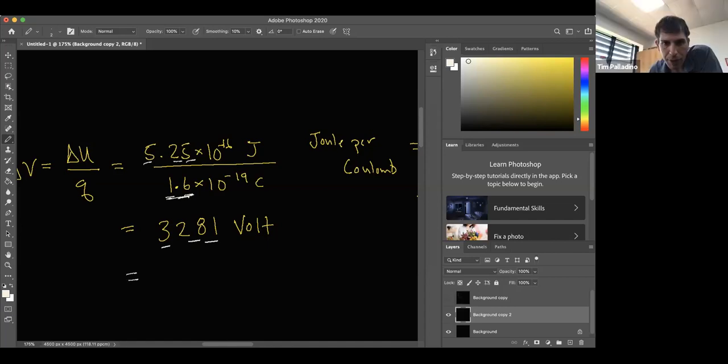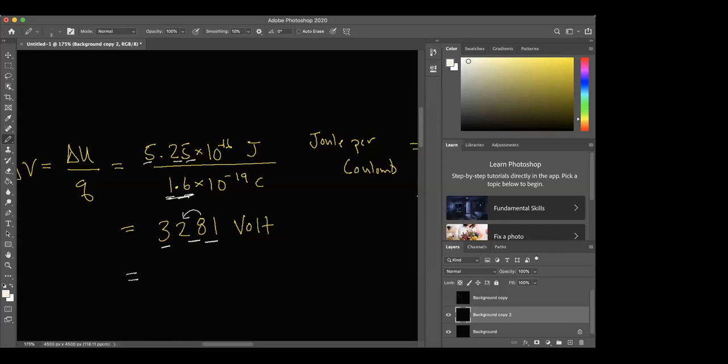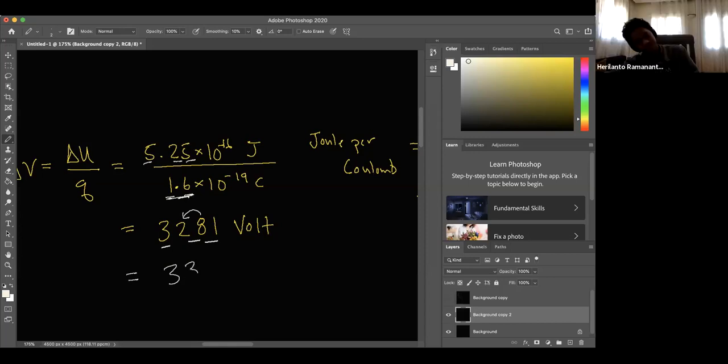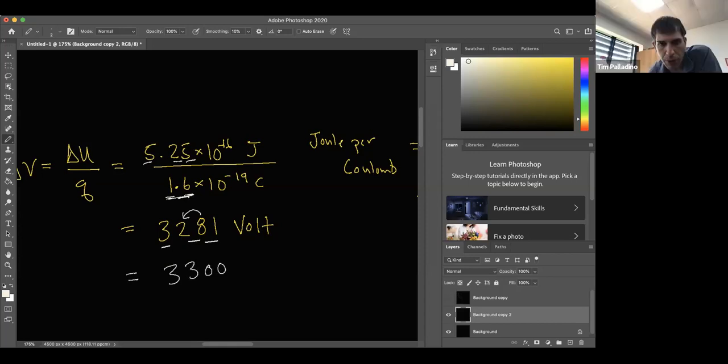How should I round this number? Just because we're going to start to, I want you to practice using the correct number of significant figures. So we should write this as just 33,000, and instead of writing the word volt out, just write capital V. Make sure it's a capital V.